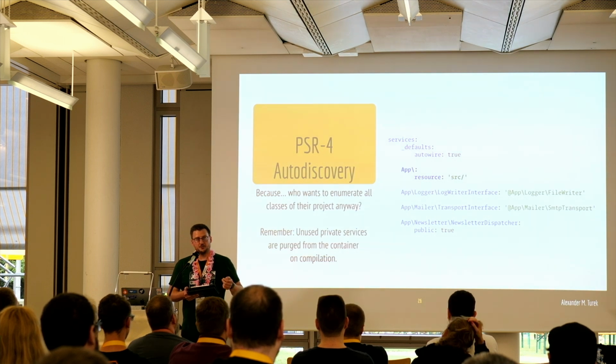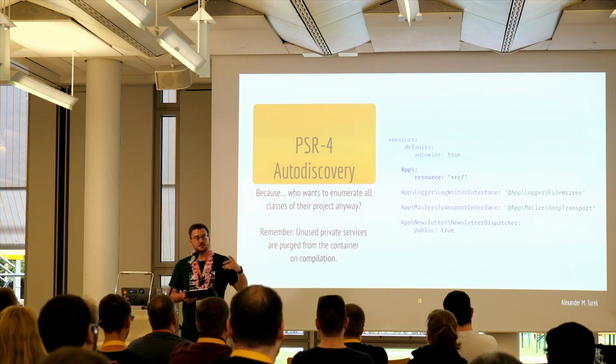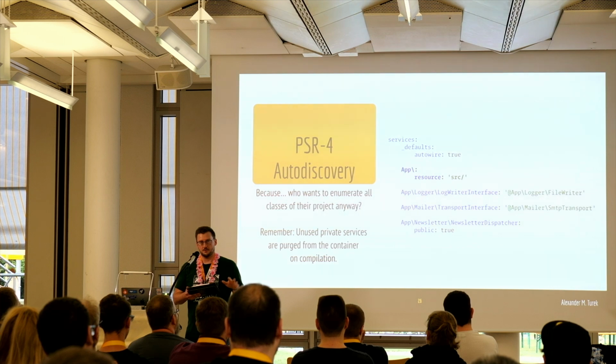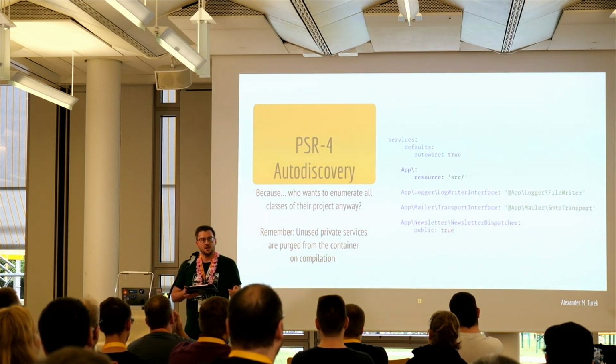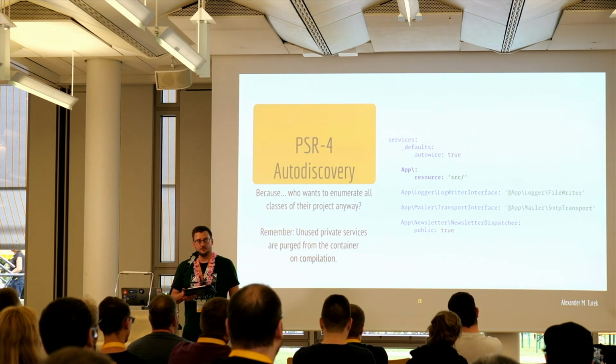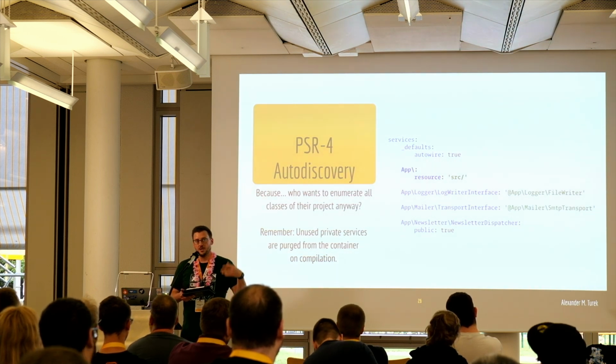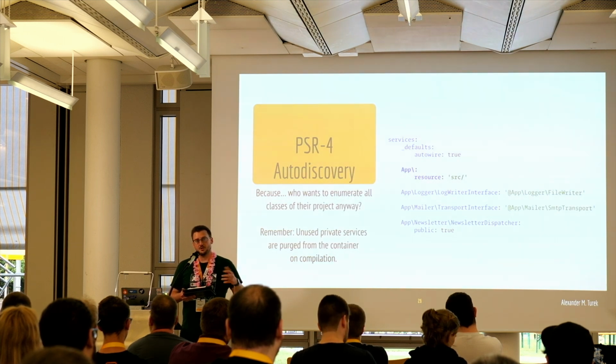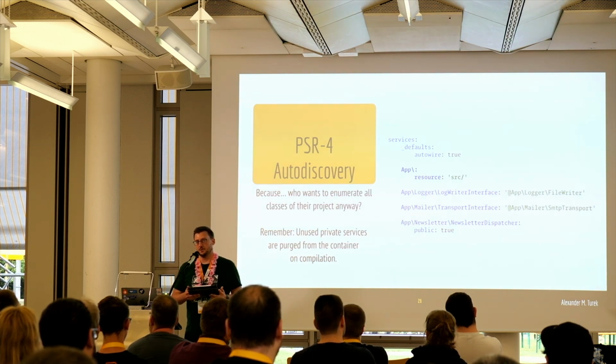The reason why I left those interface aliases here is that I assume I might have more implementations of this log writer interface and of this transport interface. So if you have two implementations of them, then you have to make this alias yourself, because the container wouldn't know which of those two implementations to wire.